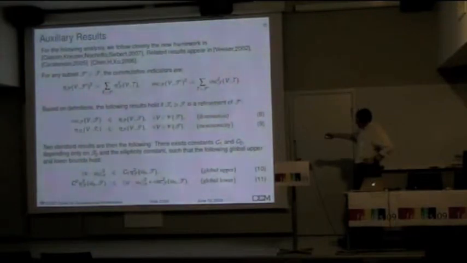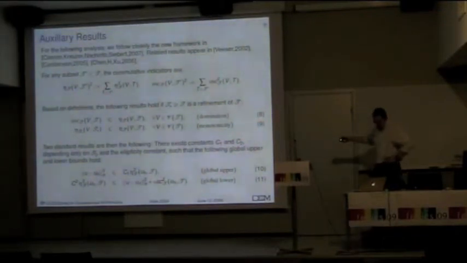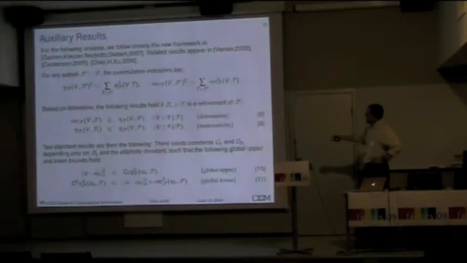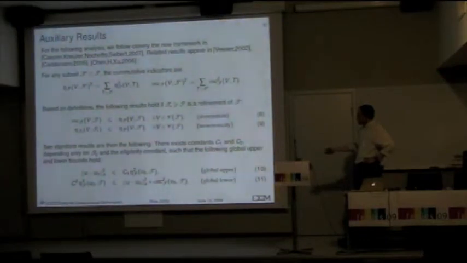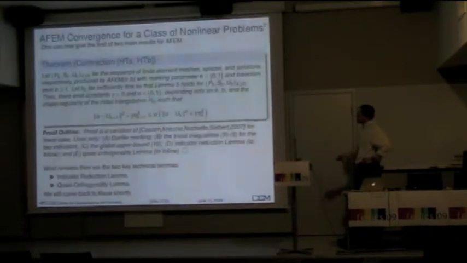And then also the nonlinear residual dominates the oscillation term. And then you can prove these global upper and lower bounds. These are very standard, and you can find these, for example, in their first book for this type of residual indicator. So this is basically a global upper bound and a global lower bound, and this is almost sort of a norm equivalence statement between the error indicator and the energy norm.